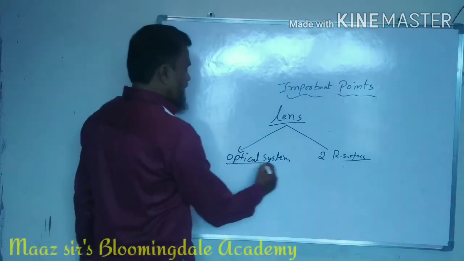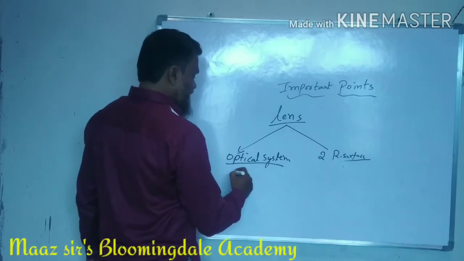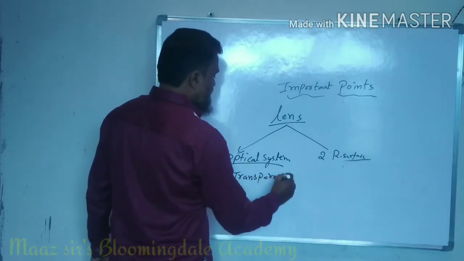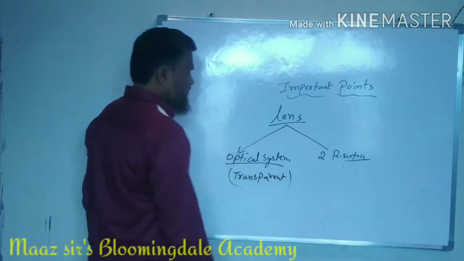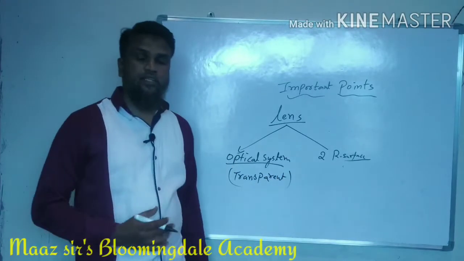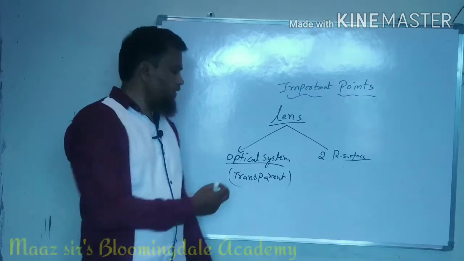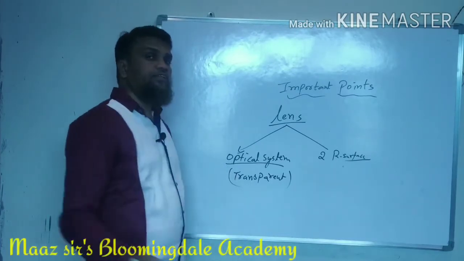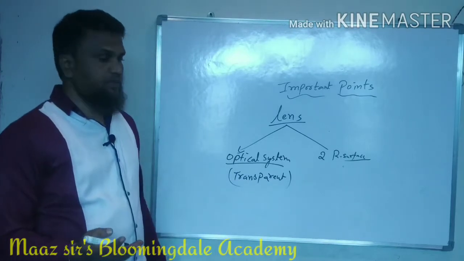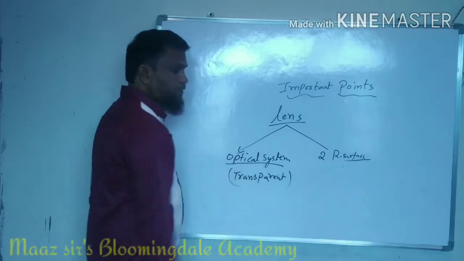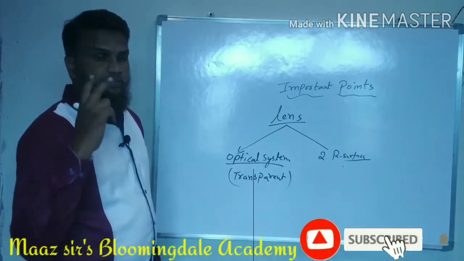What is an optical system? You can say it is transparent. For example, you have seen spectacles. These spectacles are transparent and are also an optical system. So basically a lens is an optical system and it has two refracting surfaces.